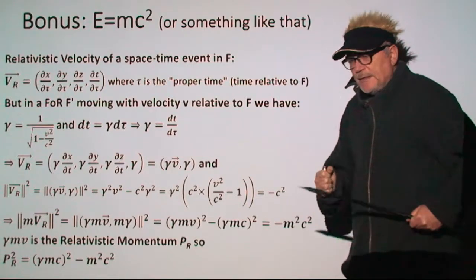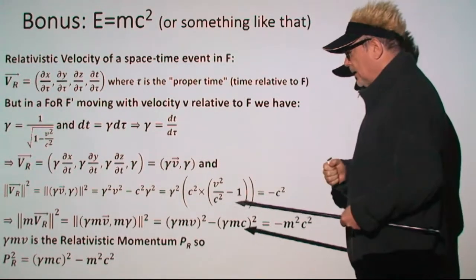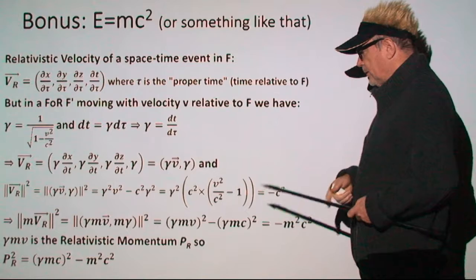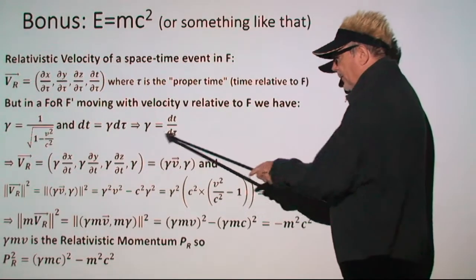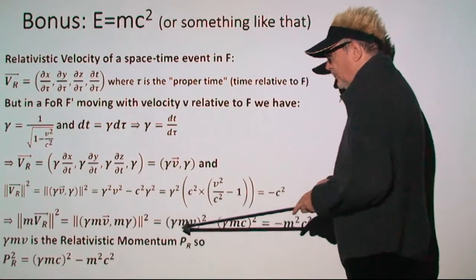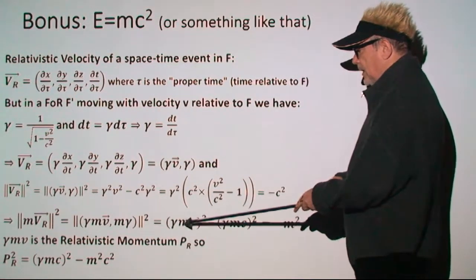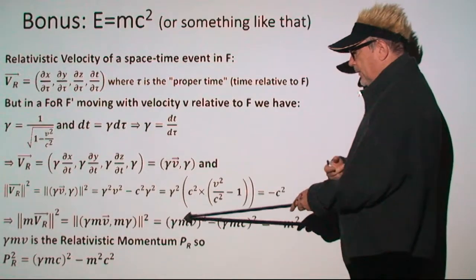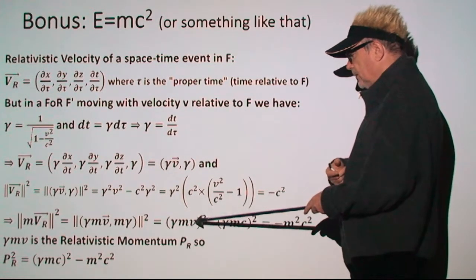Basically the quantity of movement. In the relativistic world, based on this, we can easily show that the relativistic momentum would be equal to gamma times the non-relativistic momentum, which is mv here.